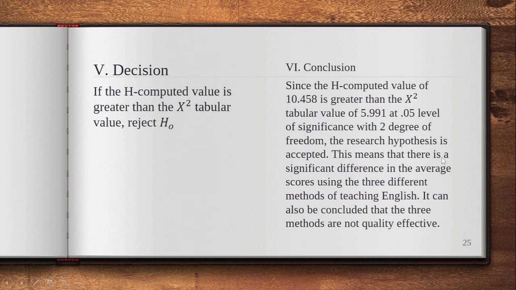This means that there is a significant difference in the average scores using the three different methods of teaching English. It can also be concluded that the three methods are not equally effective.